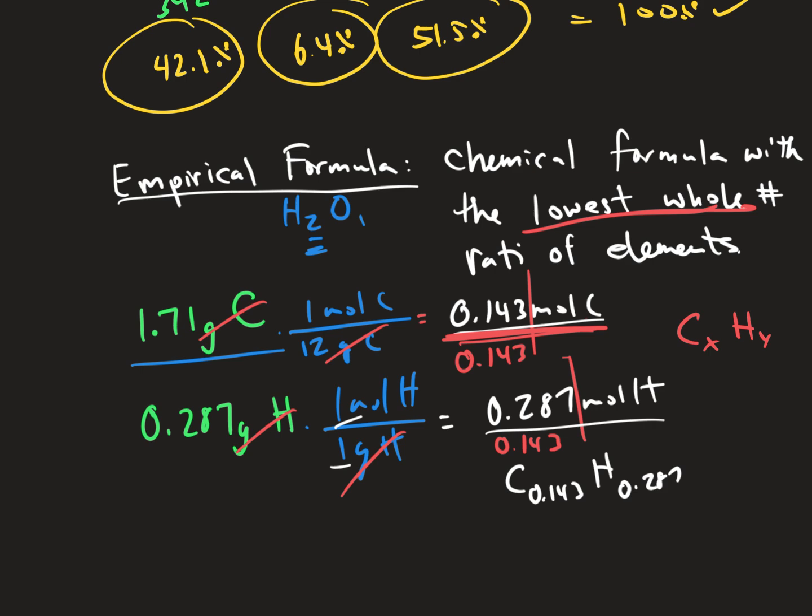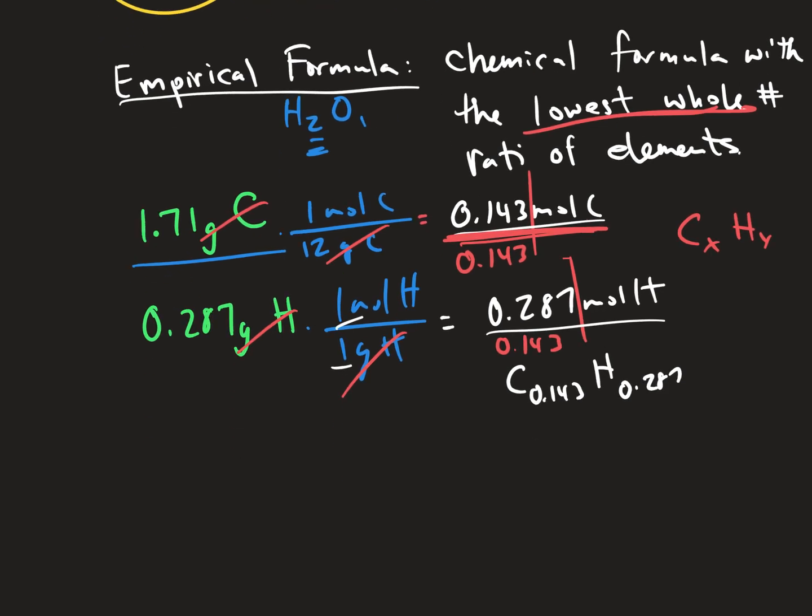And you're right, Veer, you're a great thinker. But do you understand why we divide both of them by 0.143? You can't just do it to one, right? Like Veer says, the ratio has to be 0.143 to 0.287. That's what it has to be.